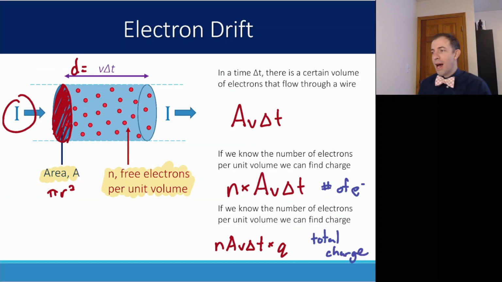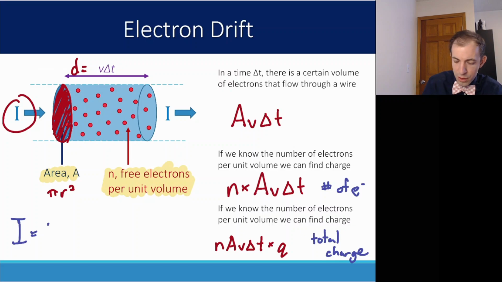Where we need to go is I want to relate this current to the amount of charges and that velocity of the electron. So ultimately, where this is heading is we can calculate that the current, I, is just equal to the total charge divided by time. Current, amps, is in coulombs per second.